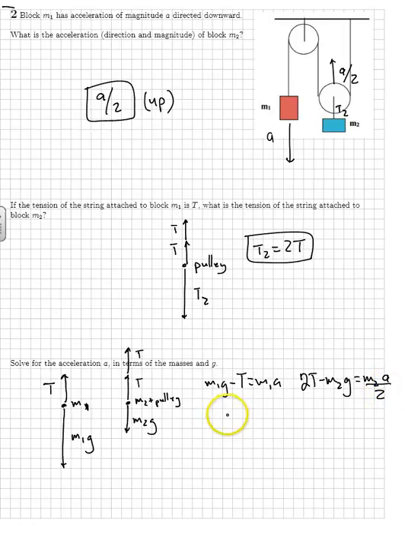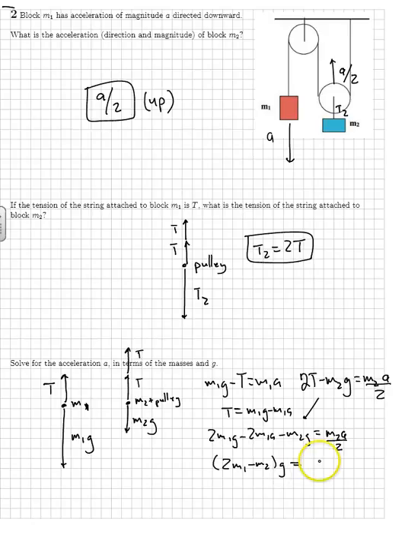I'm going to eliminate the T by solving M1G minus M1A, sub it in here. So 2M1G minus 2M1A minus M2G equals M2A over 2. Collect all my A terms on the right. 2M1 minus M2 times G is left on the left.